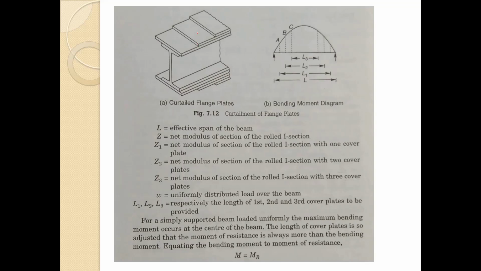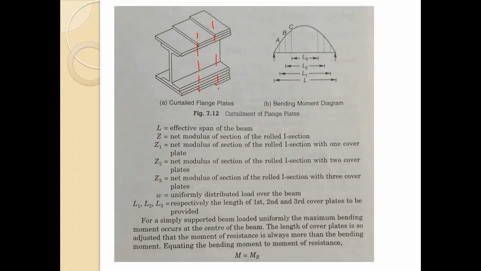So if I draw the section, right here it is there, and again three plates will be here. And Z3 is the net modulus section of the rolled I section with three cover plates. So W is the UDL over the entire beam, and L1, L2, L3 are the respective lengths of the first, second and third cover plates to be provided.